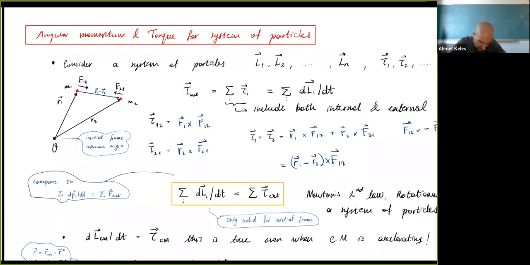And R1 minus R2, R1 is this, minus R2, so R2 is this, so minus R2 is in the opposite direction. So R1 minus R2 is then along this direction. So it's actually this direction, but it doesn't matter. The key is, since the angle between these two is 0, F12 points along this, so this whole thing is going to be 0.